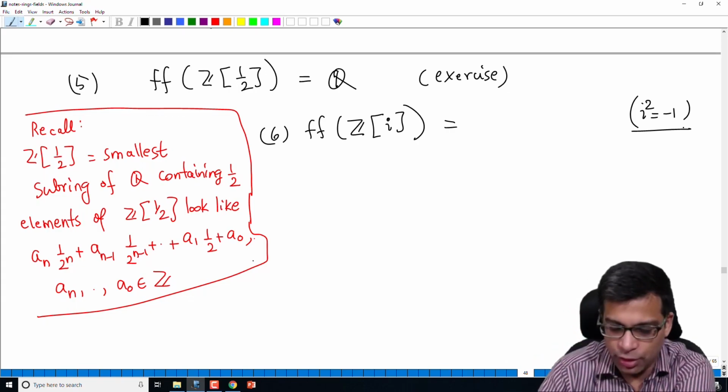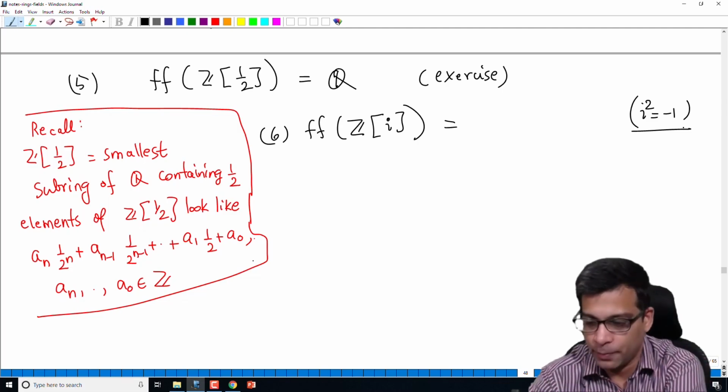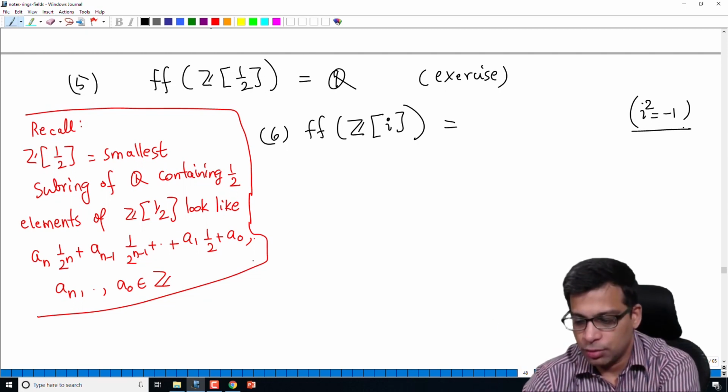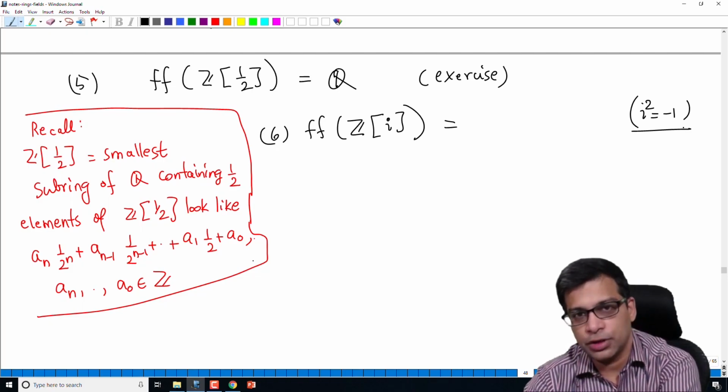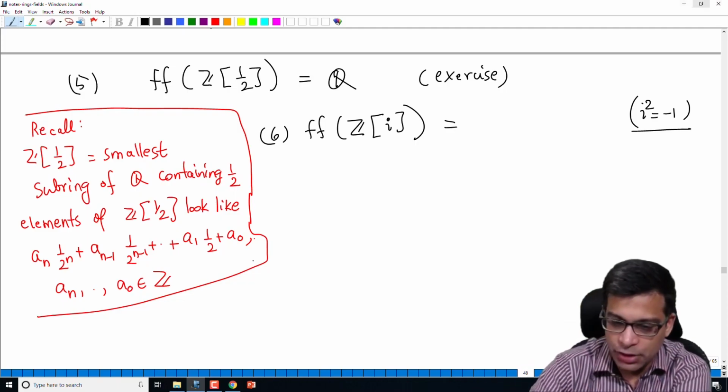Of course, now we have to define it to be the smallest subring of C, the complex numbers, containing i, because we can't take the smallest subring of Q containing i, because Q does not contain i. So the smallest subring of C that contains i is precisely Z[i].